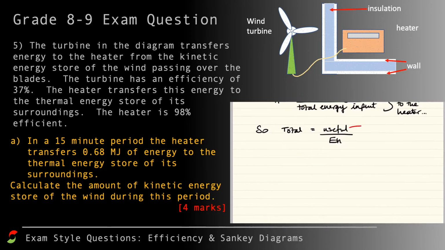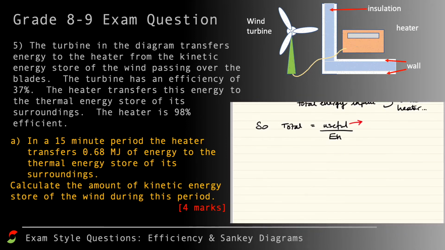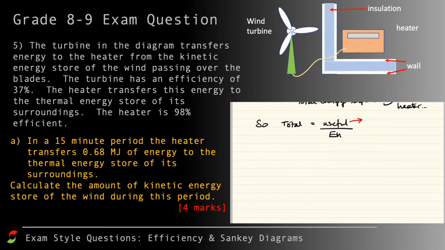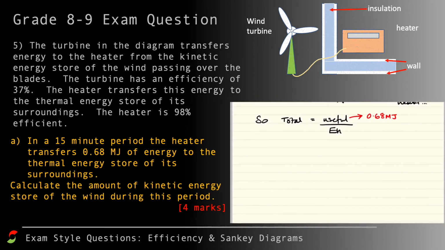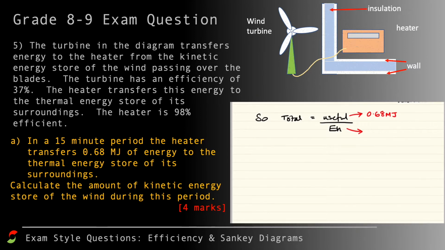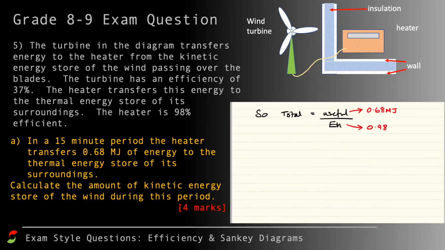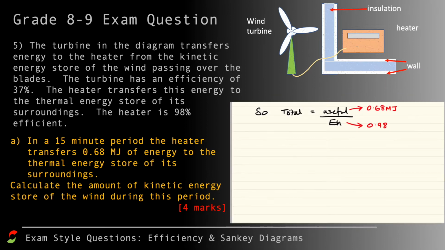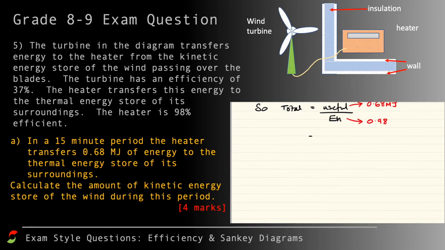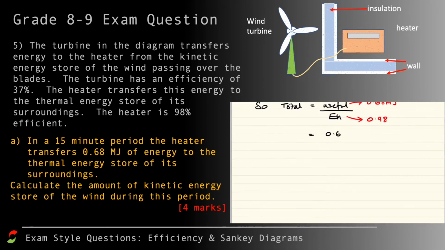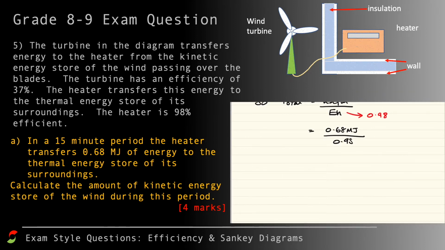And looking at the question, the useful for the heater is, in that question, we're looking at 0.68 megajoules. I'm going to leave everything in megajoules for the moment, so don't worry about converting it. And the efficiency of the heater is simply 98% or 0.98, and I'm going to leave everything in fractions there, so not using percentages.